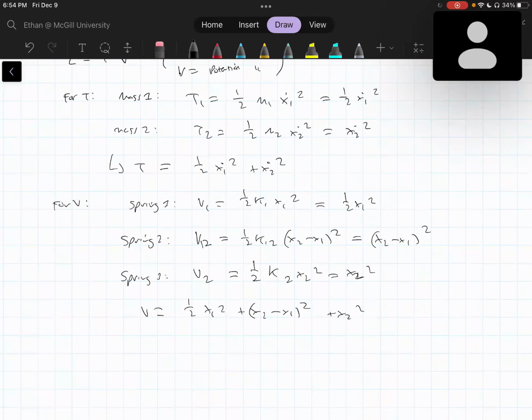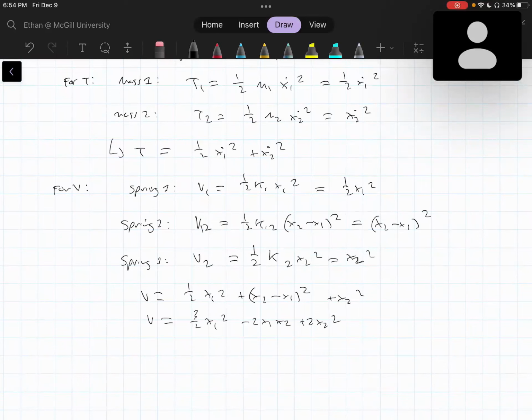Expanding this further to simplify our work later, we can expand the middle part. That's just going to be equal to 3 over 2 x1 squared minus 2 x1 x2 plus 2 x2 squared.